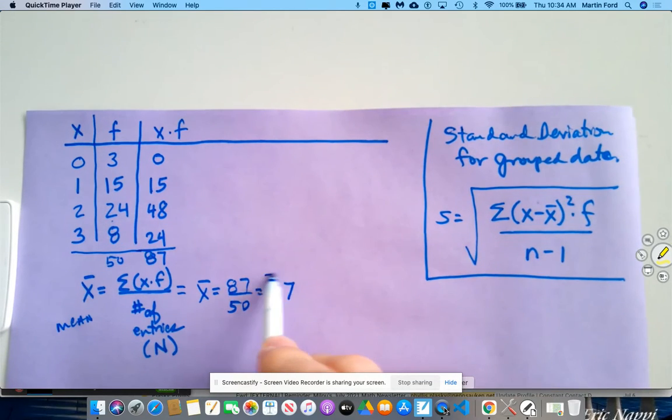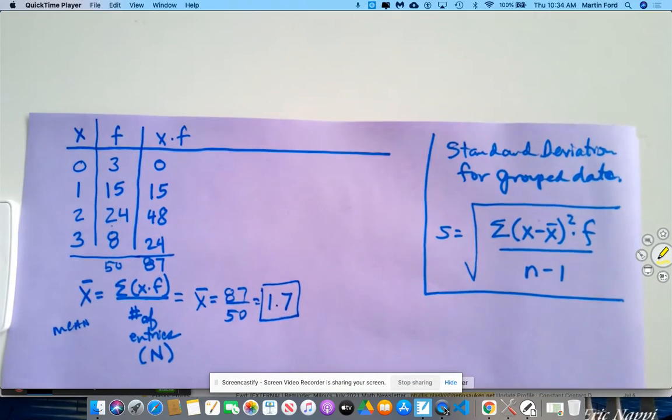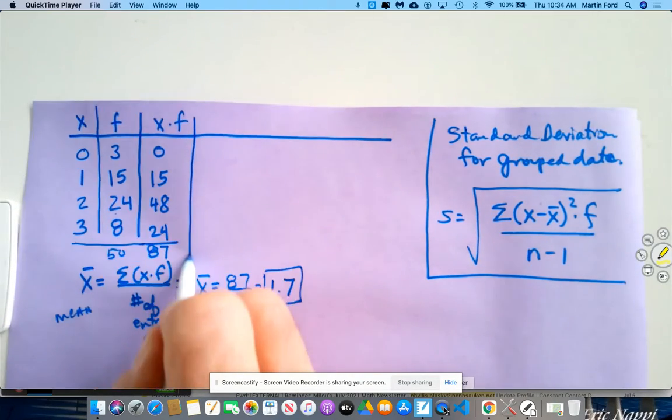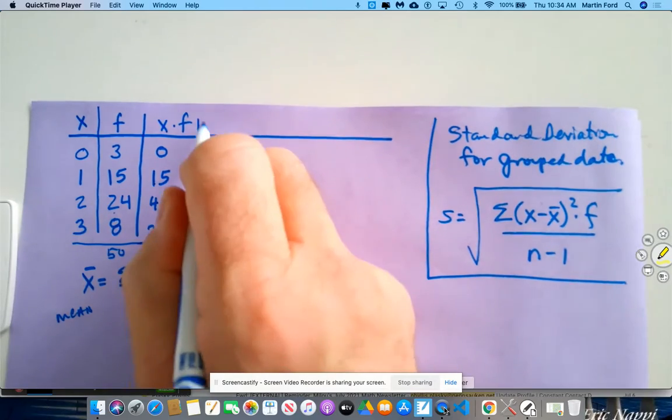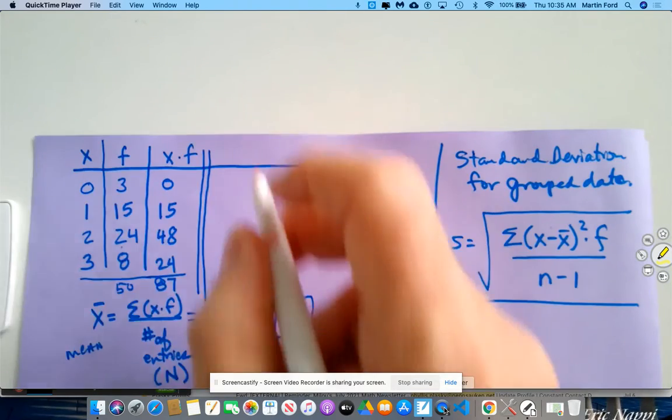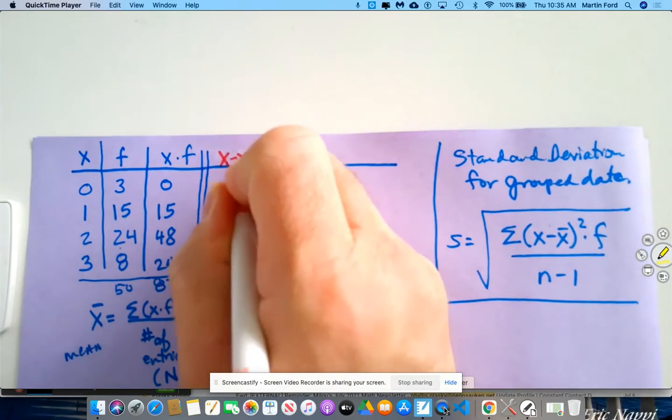Now, we need to use this to find our deviations. So the columns that I'm going to set up are the deviations.